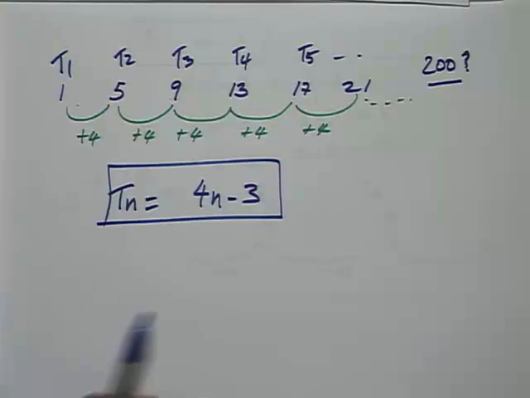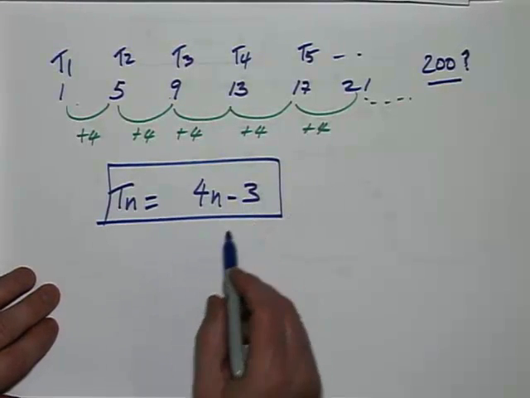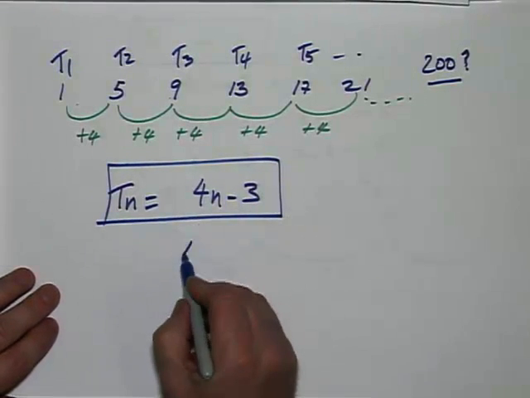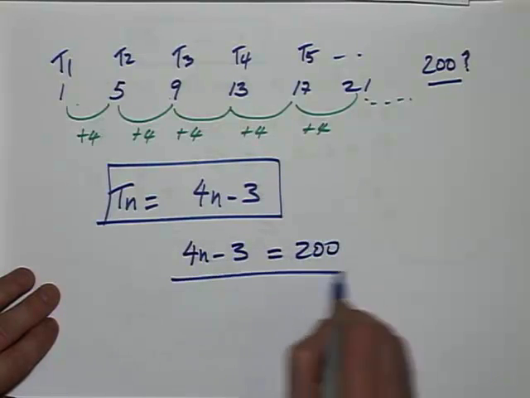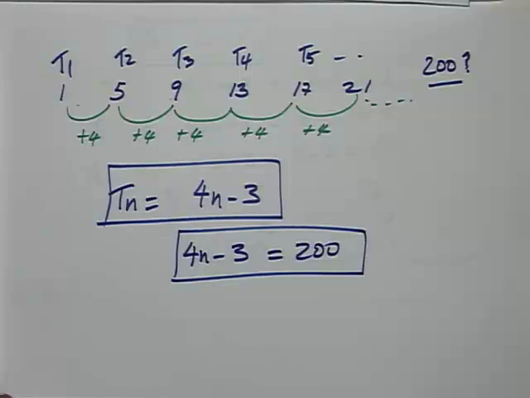Well, what we do is we say, let's make 4n minus 3 equal to 200. Solve that equation. Tell me what n is.